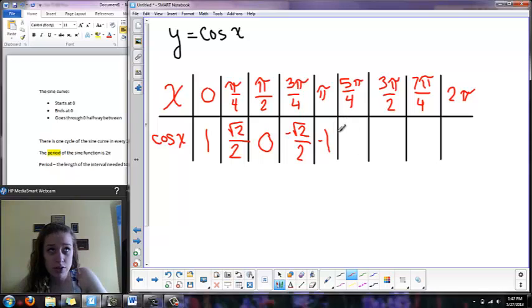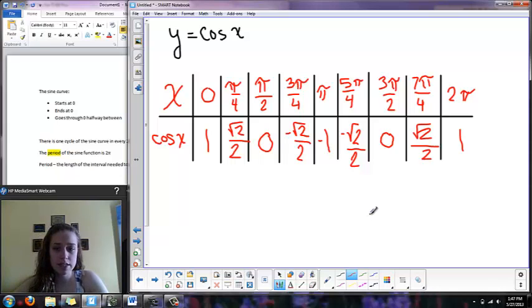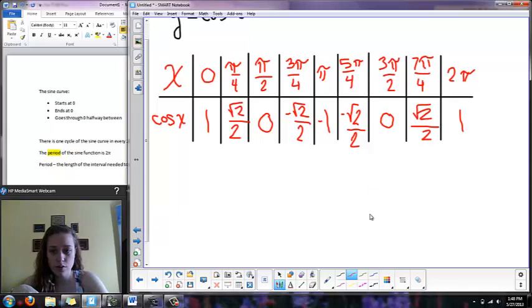We are now into the third quadrant, so cosine is still negative, so this is negative radical 2 over 2. Cosine at 270 degrees is 0. Cosine in the fourth quadrant is going to become positive again, so positive radical 2 over 2. And then cosine at 2 pi or 360 is 1. Okay, so that's the exact same thing. We went around our unit circle and found out those values of cosine.